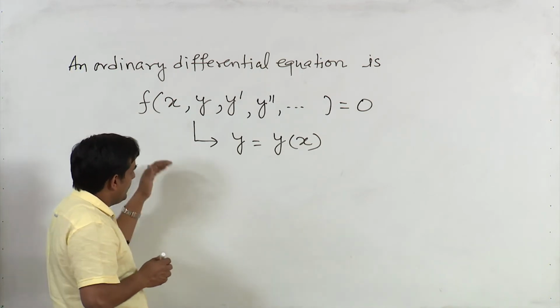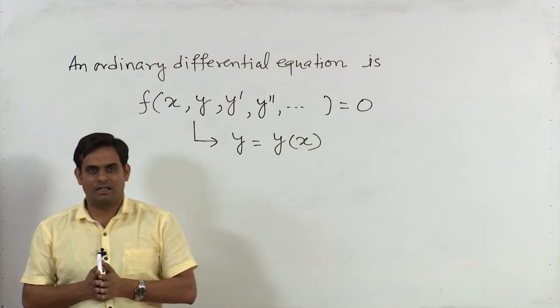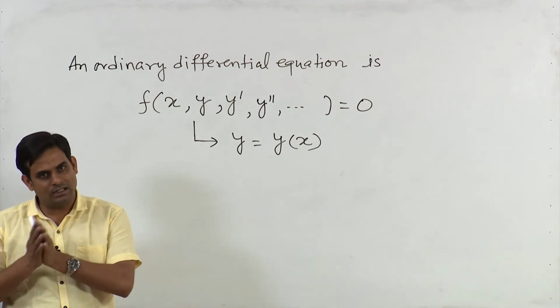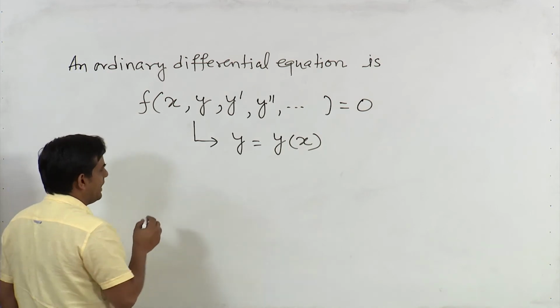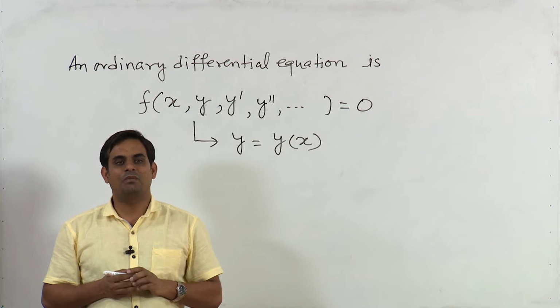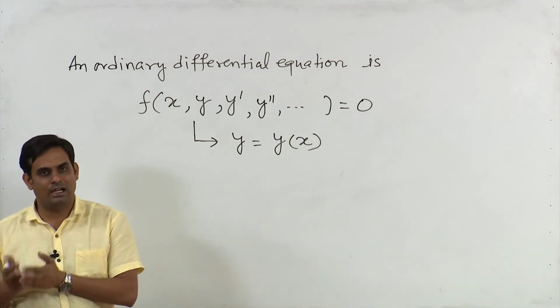Now we have two terms for a given ordinary differential equation, that is, one is degree, another one is order. So first, what is order? The order of a differential equation is the order of the highest derivative in the relation.